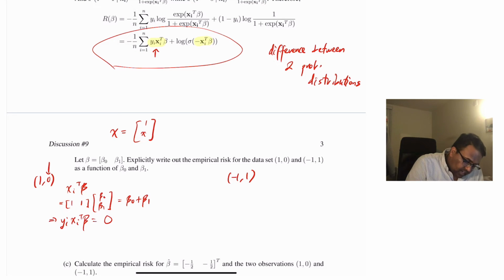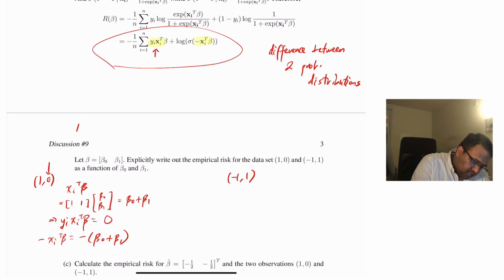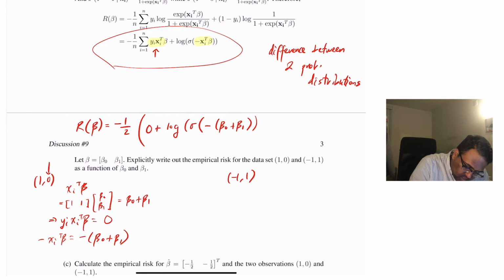Then we need negative xi transpose beta, which is just negative the sum of beta naught and beta 1. So we know the first part of our expression for the risk will be negative 1/2 times 0 plus log of sigmoid of negative beta naught plus beta 1. So that's this entire expression for our first point.